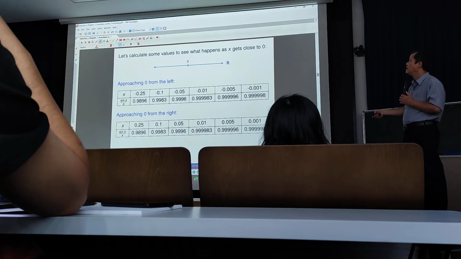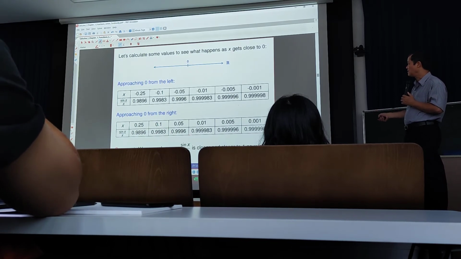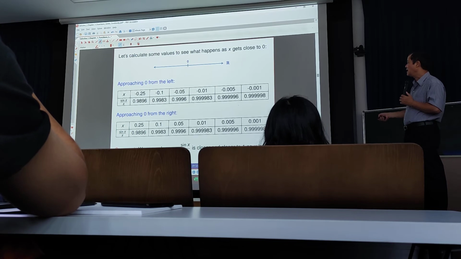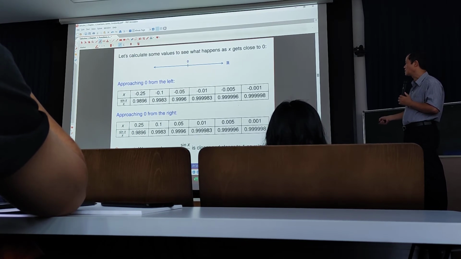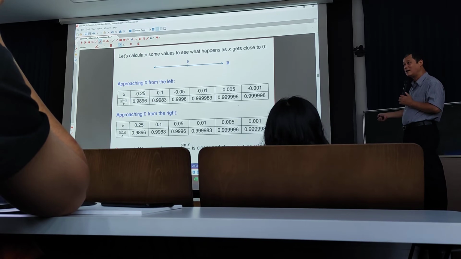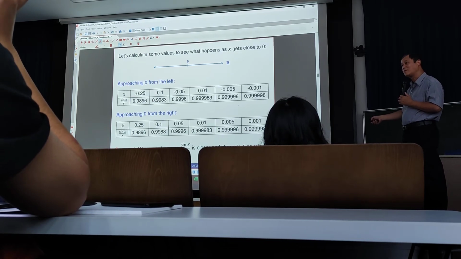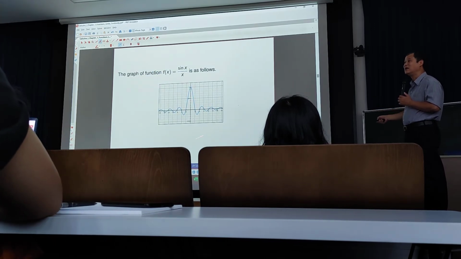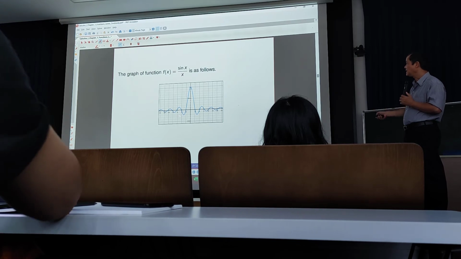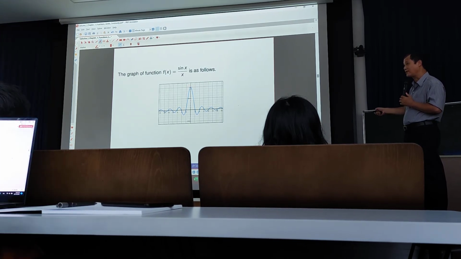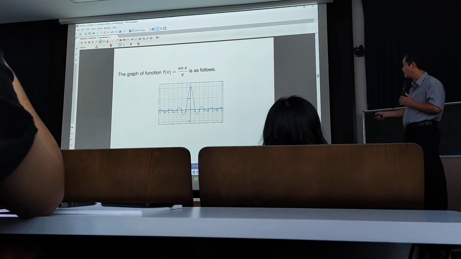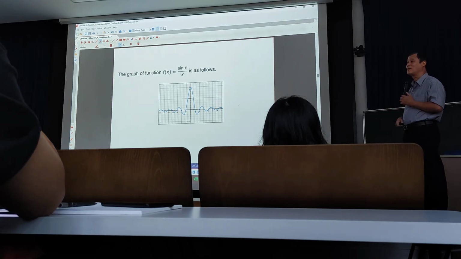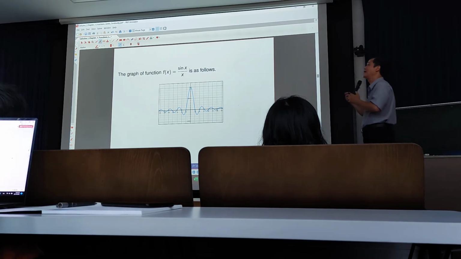These two facts make us think that as x gets closer and closer to 0, the value of sin x over x gets closer and closer to 1. Because of this, we can draw the graph. You see, the graph never touches that point, but gets very close to 1. And due to that, people make a definition.